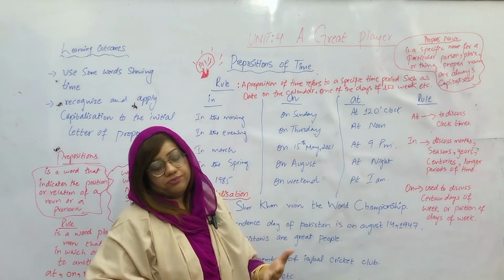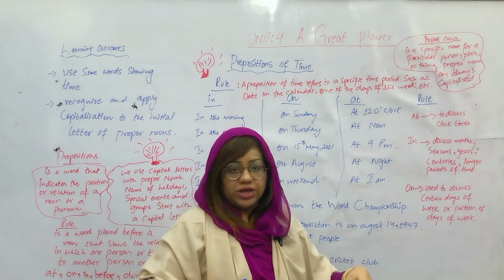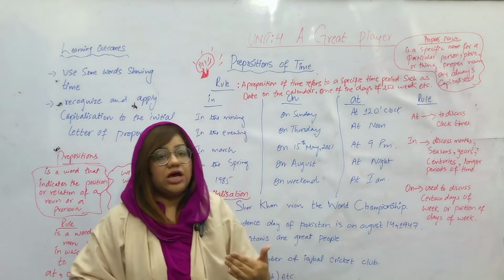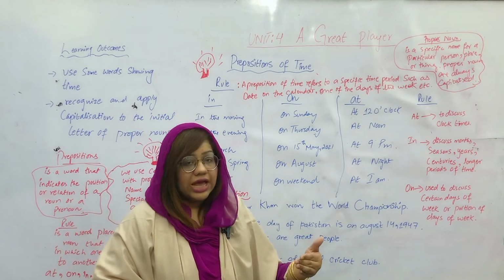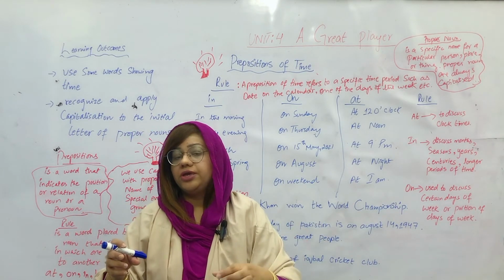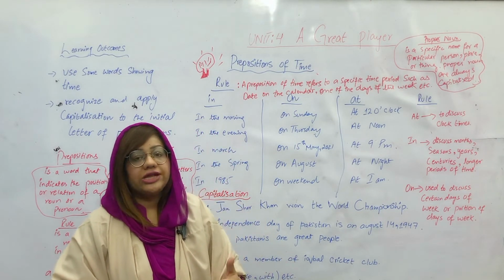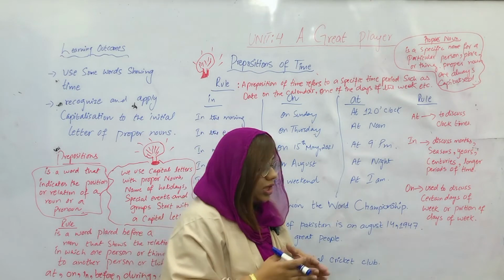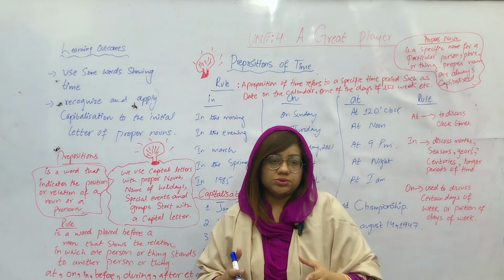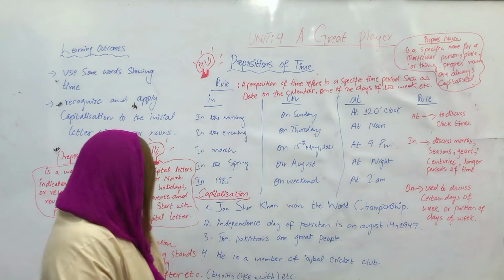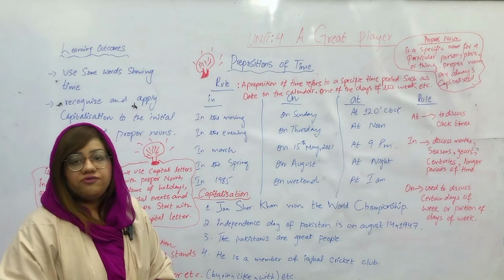We will have a meeting at 9 p.m. So we are describing a clock time. These three prepositions are most commonly used. I hope you have understood prepositions of time.